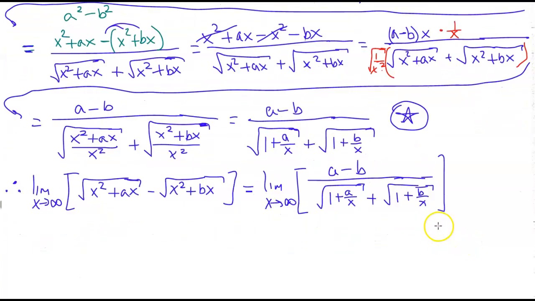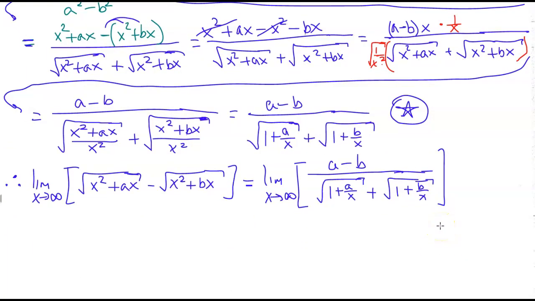And so now at this point, again, we're at a point to where I can essentially just plug in infinity everywhere where I see x. And that is because from our limit laws, I can do limit of the numerator divided by limit of the denominator. Since the limit of a constant is just a constant, of course, the result will be a minus b on top. For the limit operators being in the denominator, I can do the limit of each term separately.